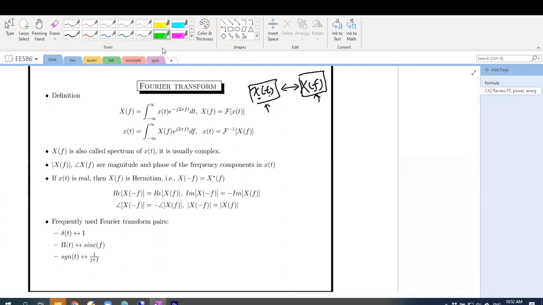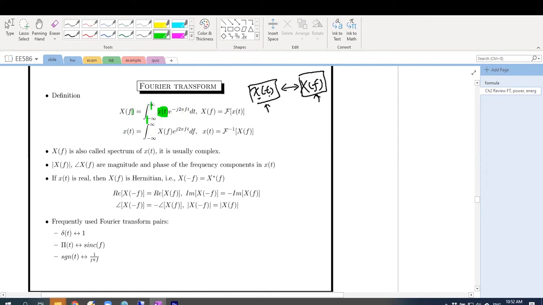The definition of the Fourier transform from the time domain is this. We take the time domain function, multiply by the complex exponential e to the power minus j 2 pi f t, and then do the integral with respect to t from minus infinity to infinity, over the whole real line.